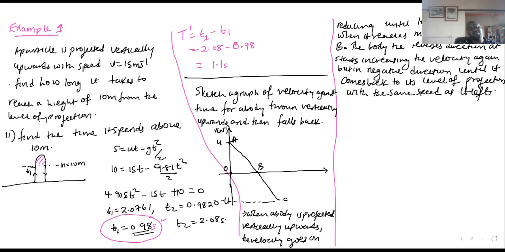When it reverses direction, it starts increasing its velocity again, but in the negative sense, until it attains the velocity with which it left at the point of projection. Then another graph, speed against time. Do you have a question on that graph?